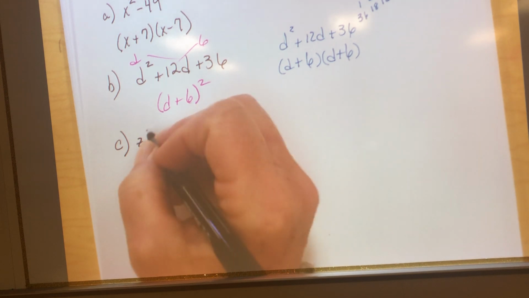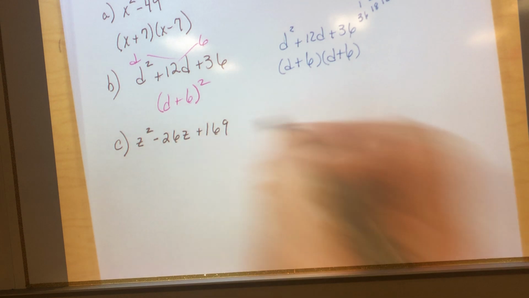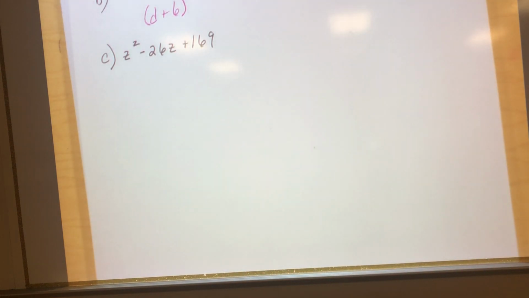C, z squared minus 26z plus 169. Okay, you got it?